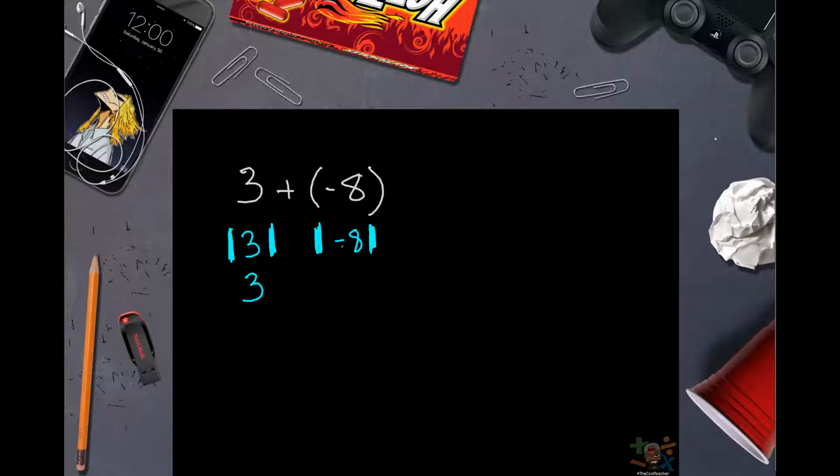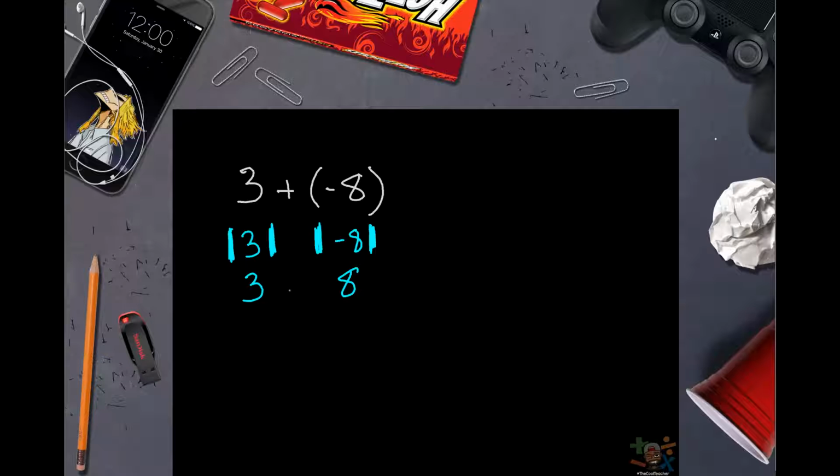How far is negative 8 away from 0? Negative 8 is 8 spaces away from 0. So the absolute value is how far a number is from 0. Just in case you didn't know, now you know. So this is 3 spaces away, this is 8 spaces away.